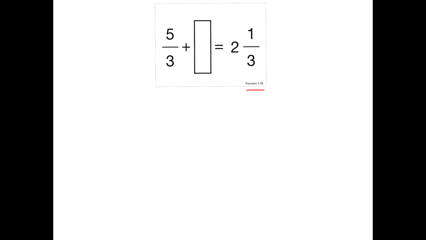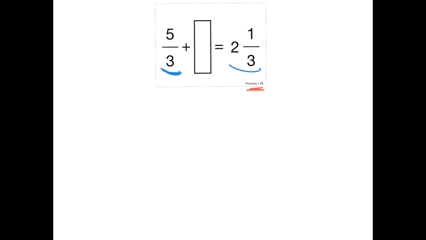So in this deck of cards, Fractions Addition 02, this is our last step before students start working with different denominators, and they're really being asked to look at improper fractions that aren't whole numbers, as well as mixed numbers, and kind of make sense of the equation, whether it's a missing add-in like this or just a straight question where they have to find the sum of two fractions.